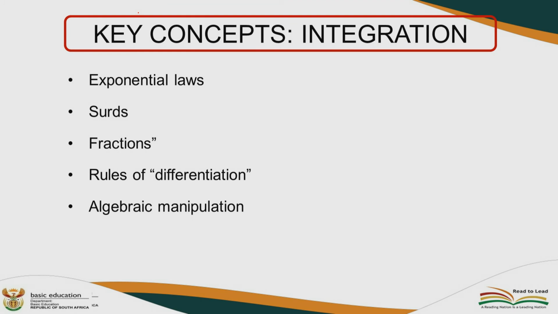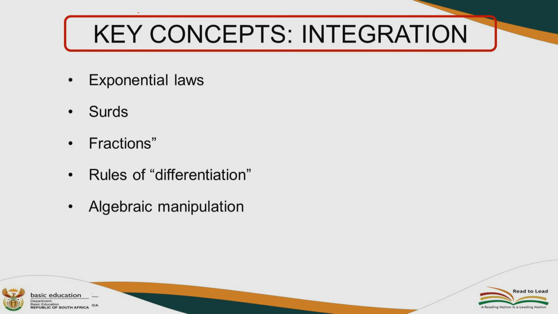In order for you to understand this concept of integration, there are some basic concepts that you need to master. Firstly, your exponential laws, which are the basics of understanding whether you are dealing with differentiation or integration.